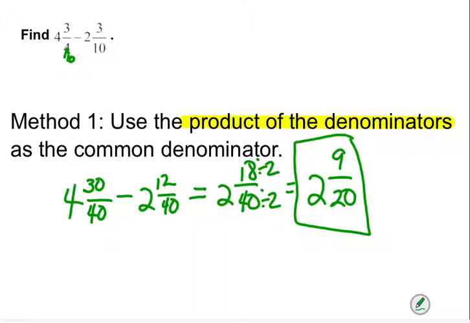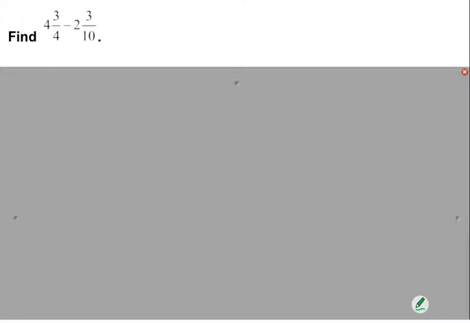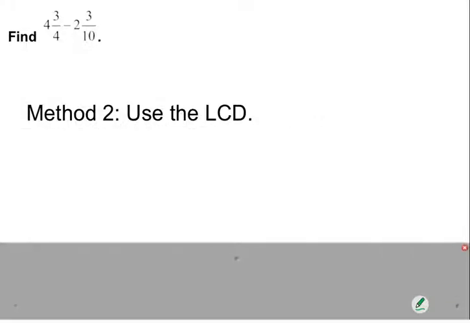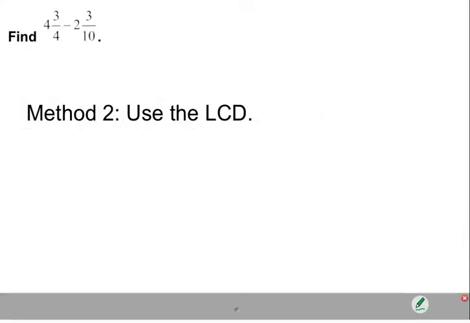This one specifically said, I want the product of the denominators. In the next one, it's going to ask us to use the LCD. And you said the LCD or the LCM, because it's the same thing, equals 20, right?